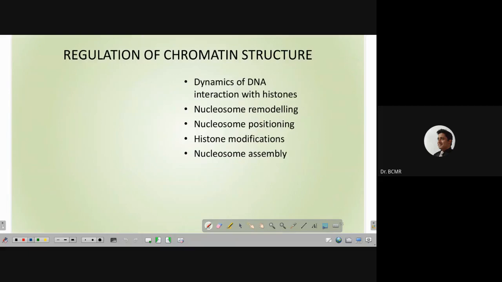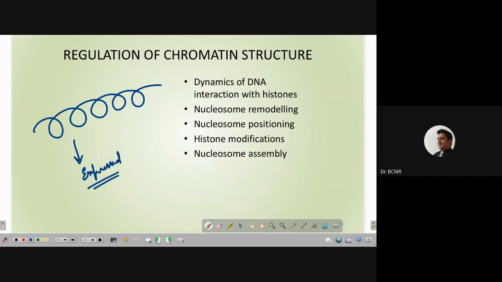So we will quickly have a brief discussion on regulation of chromatin structure. As I said, the DNA is wound around histones, and then we have 30 nanometer fibers, DNA loops, and so on. If that is the case, how are genes expressed?